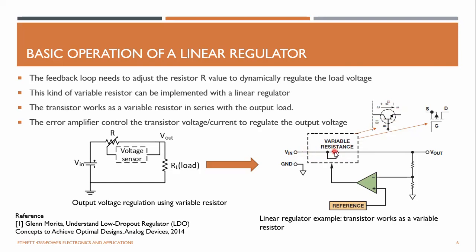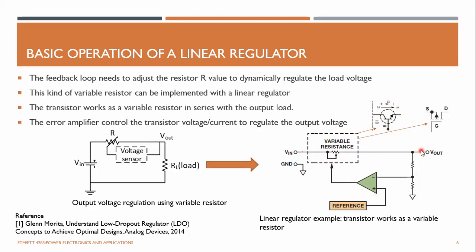In amplifier mode, you can change the voltage across it based on the current, so it acts as a variable resistance. If it is a transistor, you can change the IB current. If it is a MOSFET, you can change the gate to source voltage in order to change this resistance.